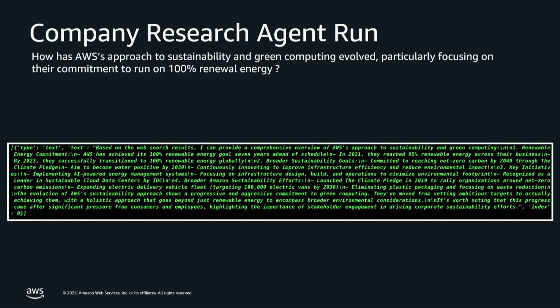Now, I'm not going to read over this text, but what I'll highlight is ultimately the LLM processes information combined with the S3 information that it has, and it provides this raw format in JSON, which can be processed further in order to have much more human-readable text. But in this case, the output that is provided is based on the web search results. I can provide a comprehensive overview of AWS's approach to sustainability and green computing. Renewable energy commitment: AWS has achieved its 100% renewable energy goal 7 years ahead of the scheduled target, in 2021.